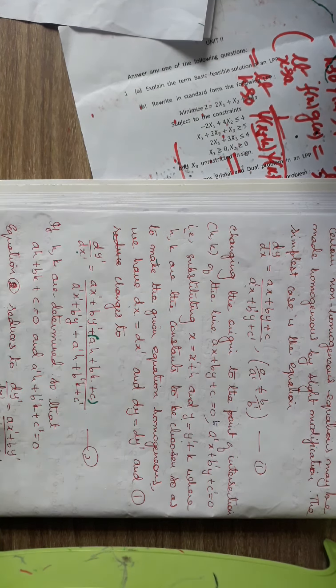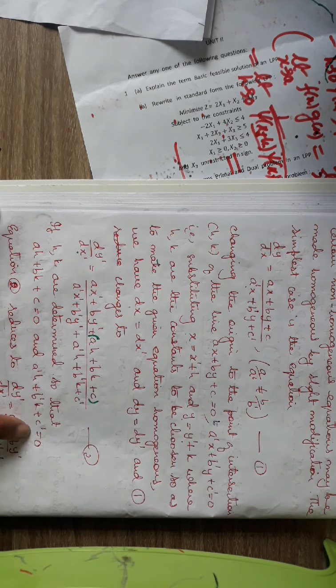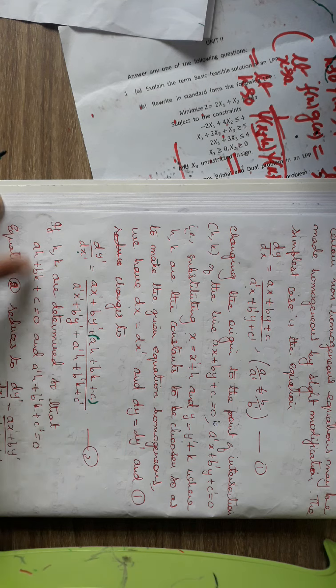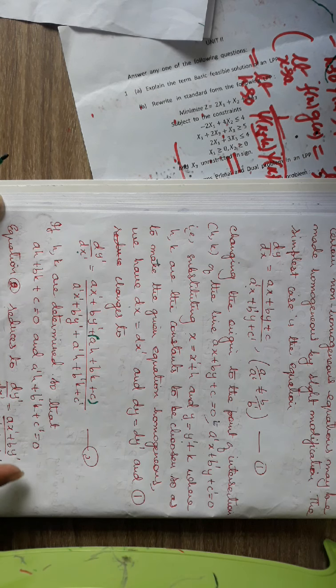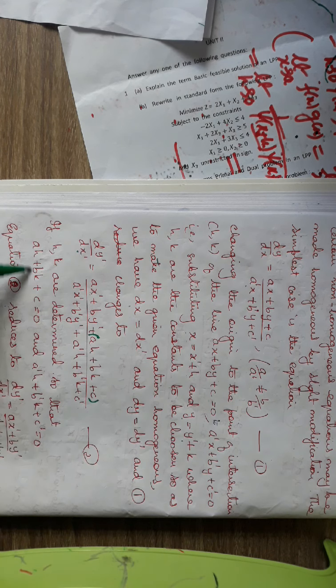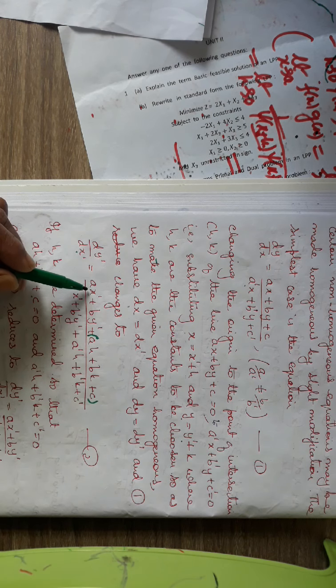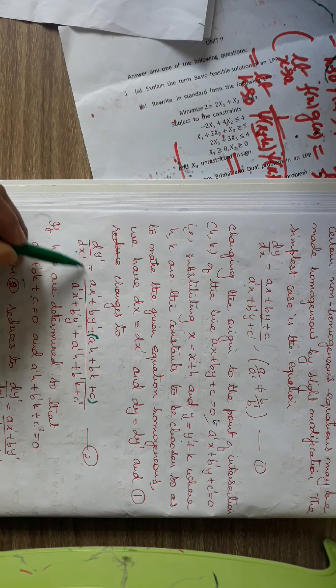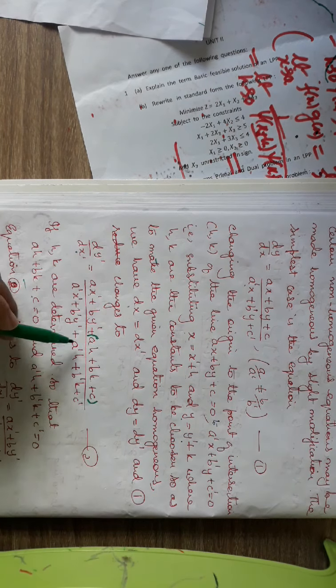From these two equations, find the values of h and k by solving them, either by subtracting or by multiplying so that one variable cancels, to obtain the value of h. Once you get the value of h, substitute it in one of these and you will obtain the value of k. So this equation 2 now reduces to the form dy prime by dx prime equal to (ax prime plus by prime) divided by (a prime x prime plus b prime y prime), because we have chosen these constants equal to 0.